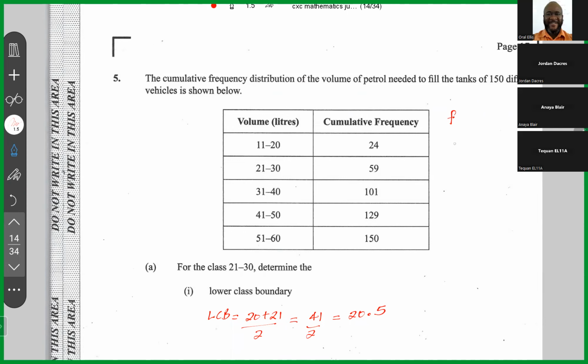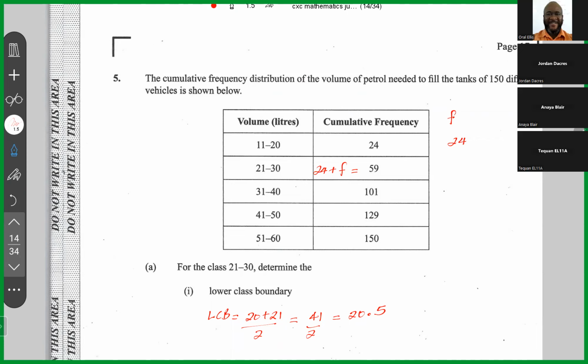At this level, the frequency is 24. At the level 21 to 30, you add 24 to the frequency from this level, which gives 59. So to get the frequency from this level, you take away 24 from 59. That would be 35.